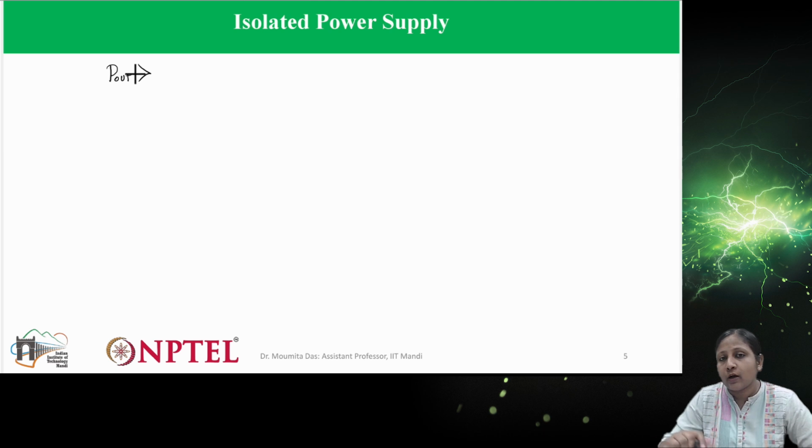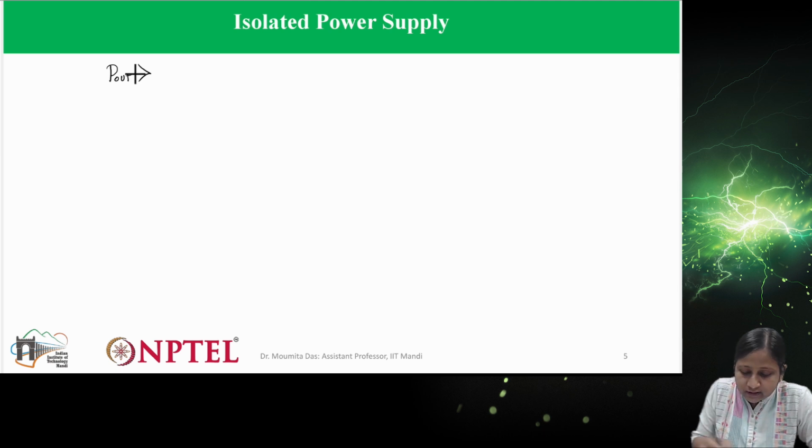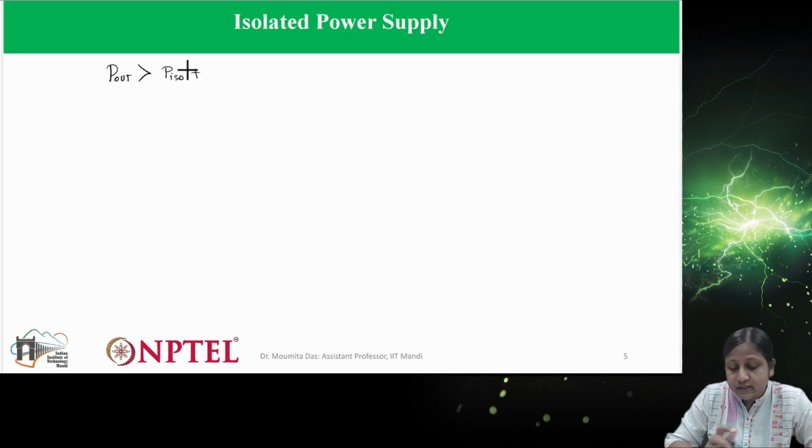So the output power rating: basically this isolated power supply provides power to all the components of the gate drive. All the components means first the signal isolator. Then it should have a power rating which is greater than the signal isolator plus gate drive power.